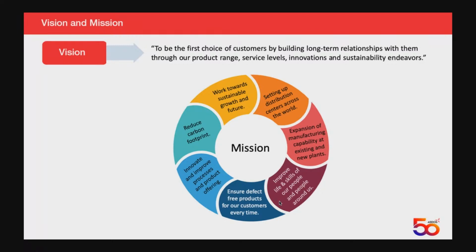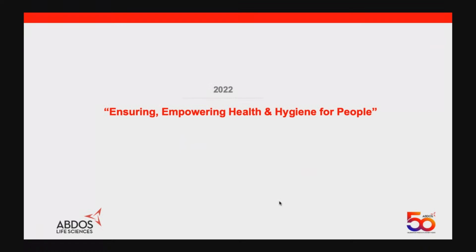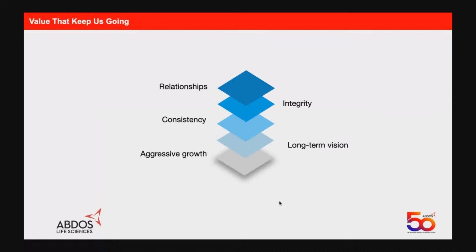The missions we have mentioned here align with our vision. In 2022, Abdos wants to touch the lives of people by empowering health and hygiene across the world. Our long-term vision is to grow aggressively, consistently, and maintain integrity while building long-term relationships.